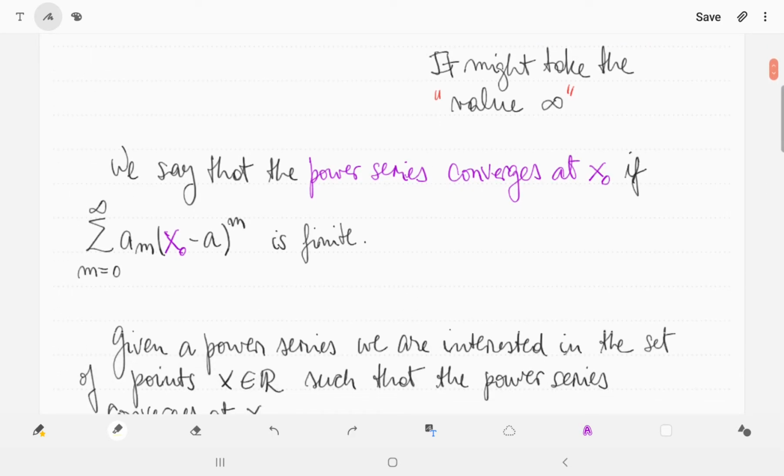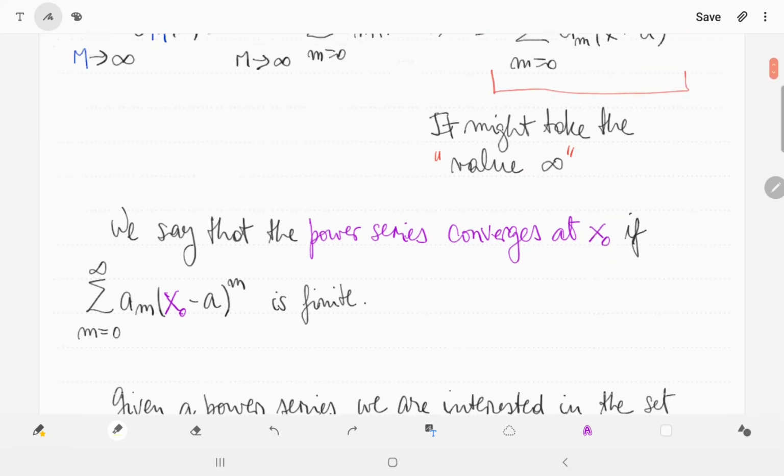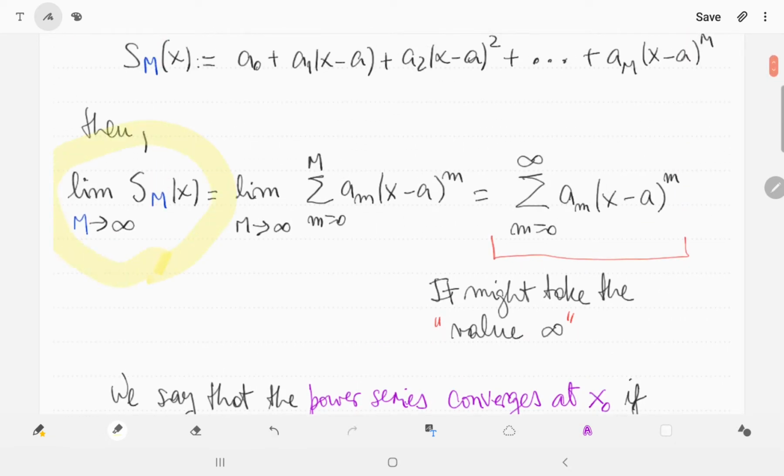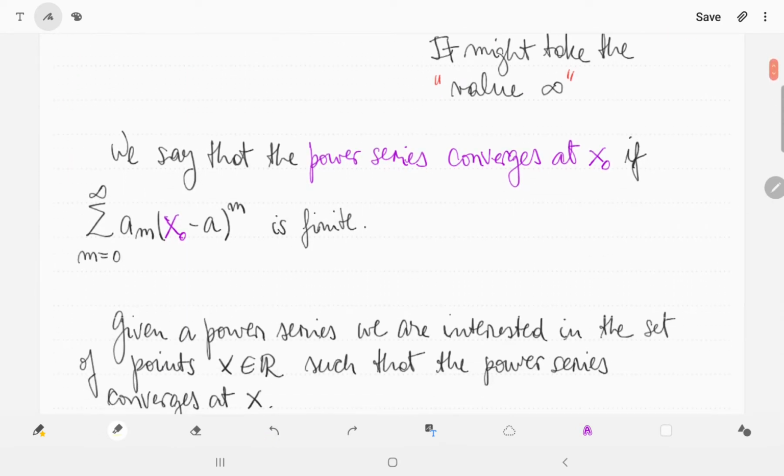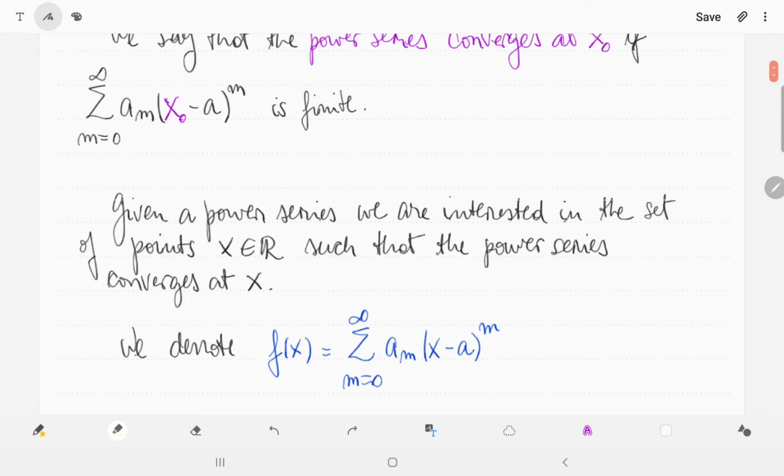And that has a name. We say that the power series converges at x_0 if the series is finite there. So what we mean is just that this limit is a real number. Okay. So what I just said: given a power series, we would like to know which are the points such that the power series converges at those points.